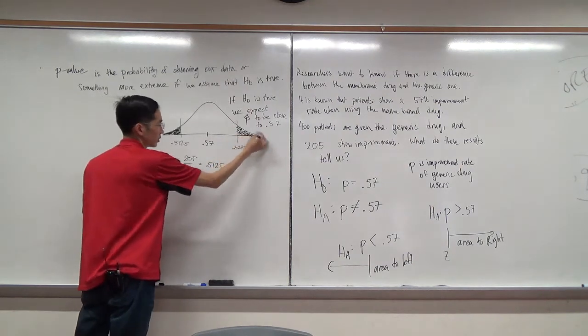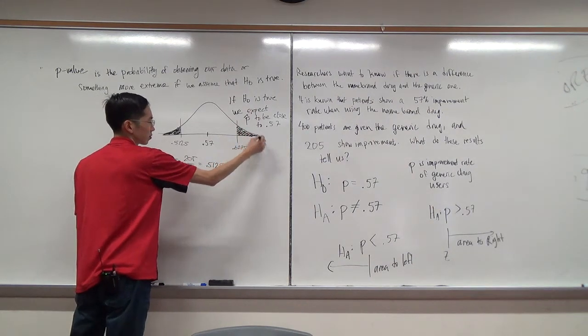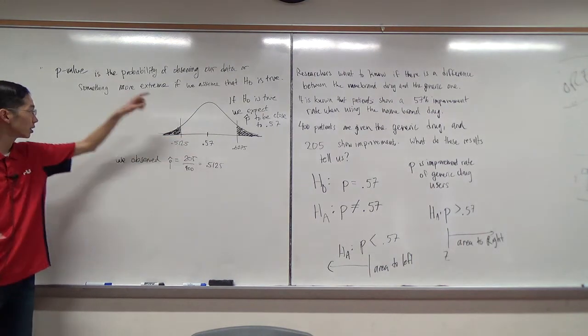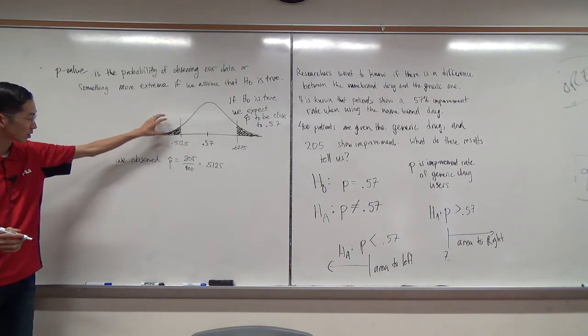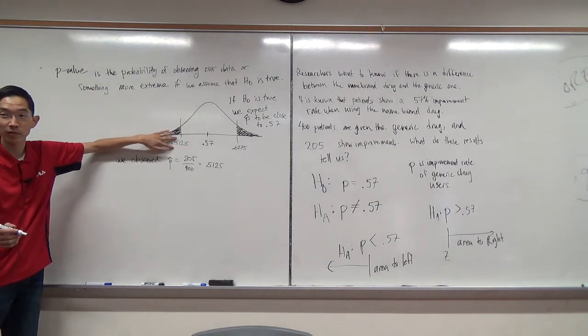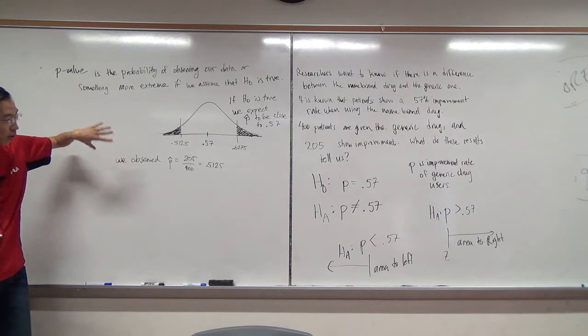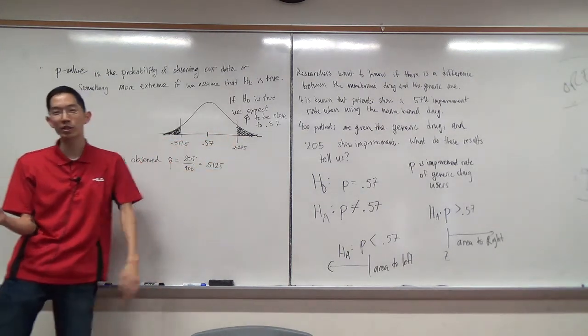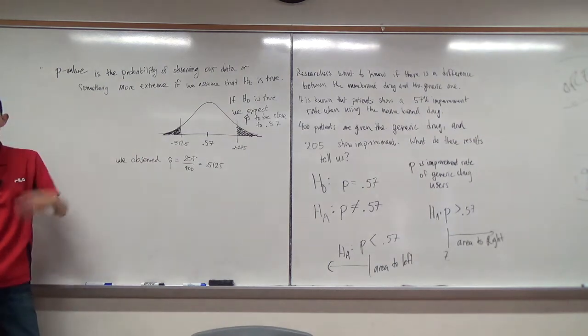Okay, and so both of these are equally interesting. And so our p-value is the total probability of getting something at 0.5125 or lower, or 0.6275 or higher. I should have picked easier numbers so I don't have to deal with all of this stuff.